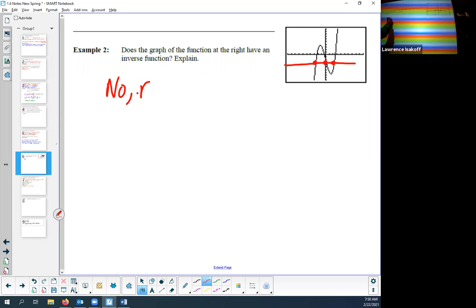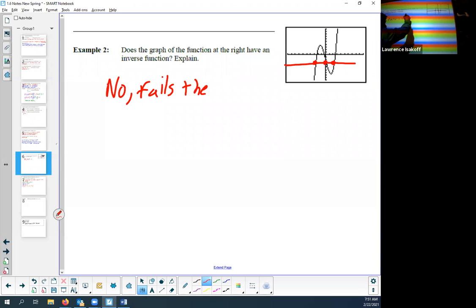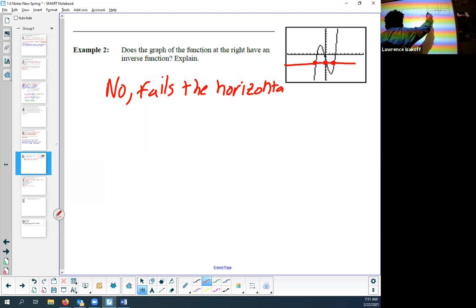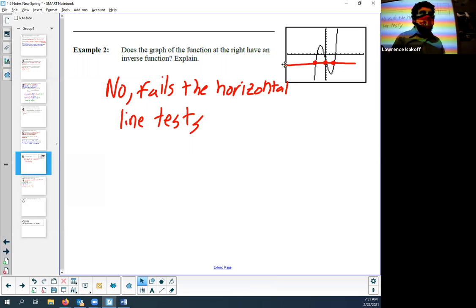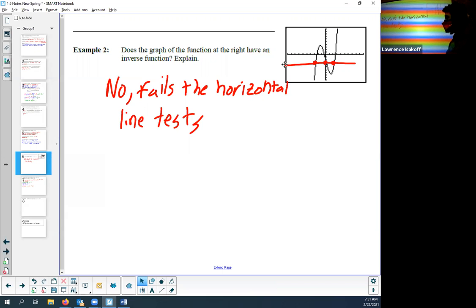No. It fails the horizontal line test. You guys did well with the vertical line test, which tells if something was a function or not. The horizontal line test is the exact same idea, just with a horizontal line now.